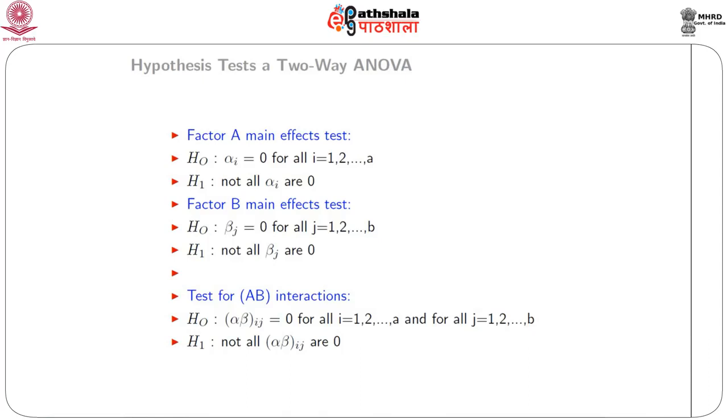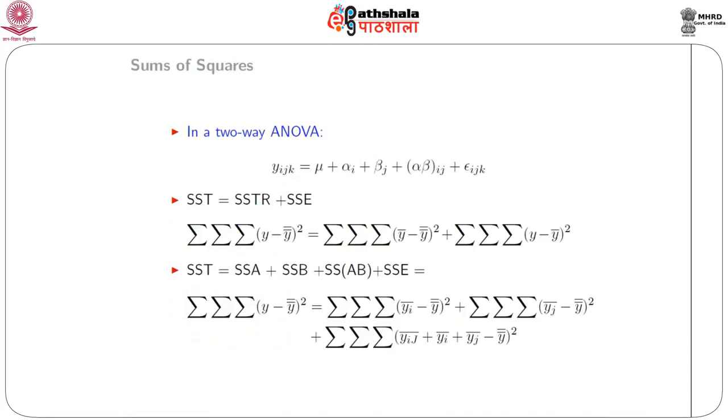But as I have already mentioned, the last test must be done first. Only if it is accepted, you can proceed to test the earlier two sets of hypotheses. Now, we will find out the sums of squares. In a two-way ANOVA, yijk is a very complicated expression that we have seen already.